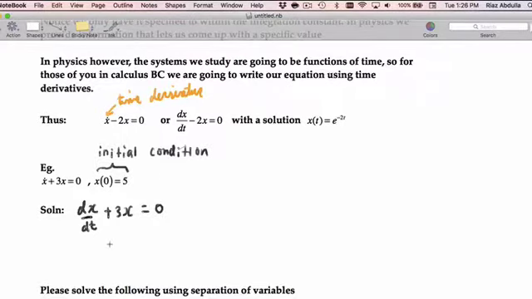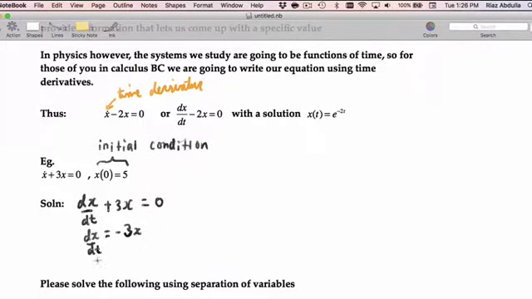The next thing, we're going to separate variables. So we have dx dt equals negative 3x. Continuing on, dx over x equals negative 3 dt.